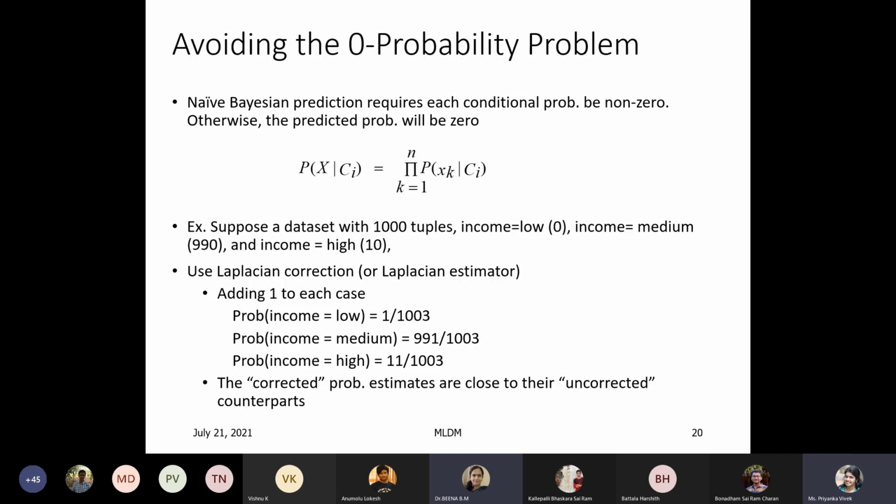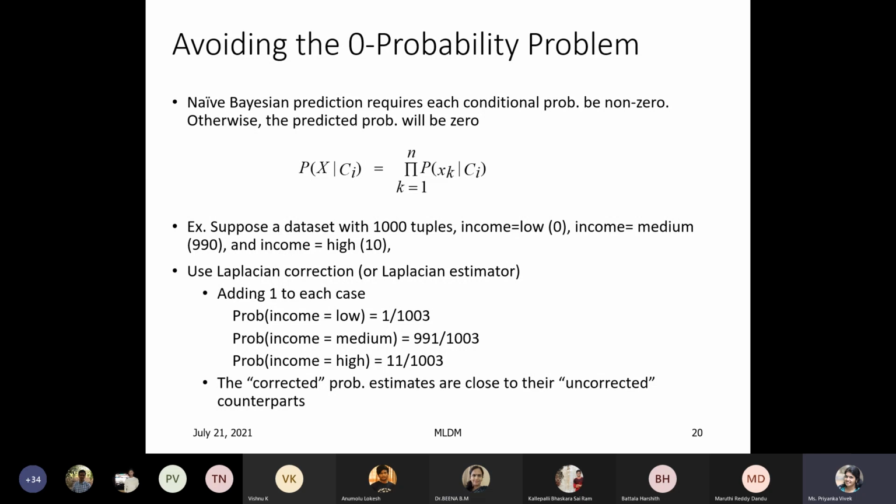Okay. So now there is something called the zero probability problem. It is not necessary that we always get some value in the numerator. So sometimes, say for example, I am taking the yes category. In the yes category, maybe I don't have a value for income equal to low.